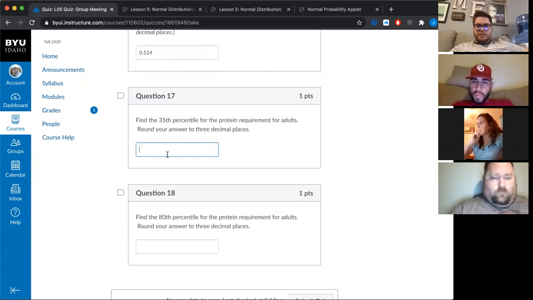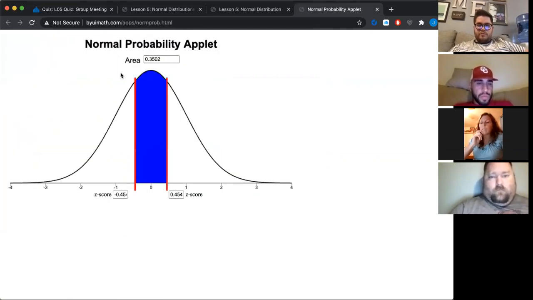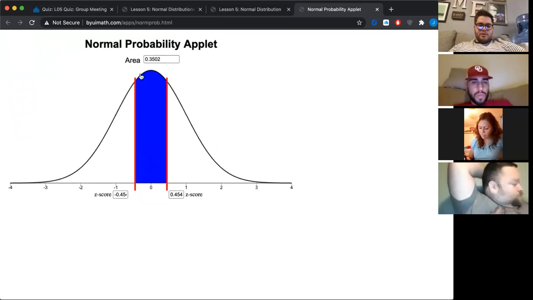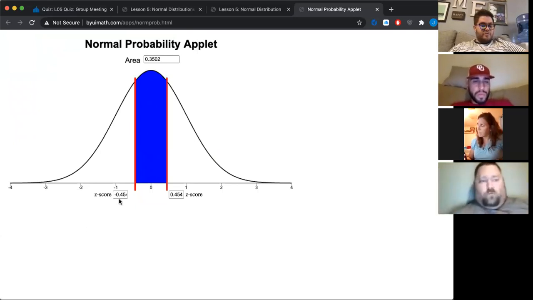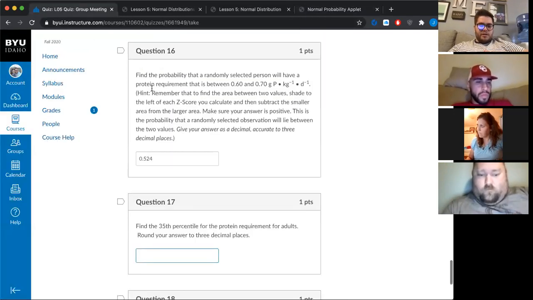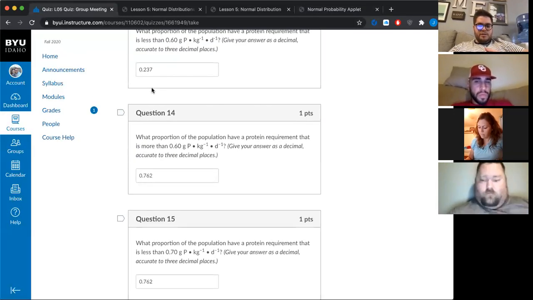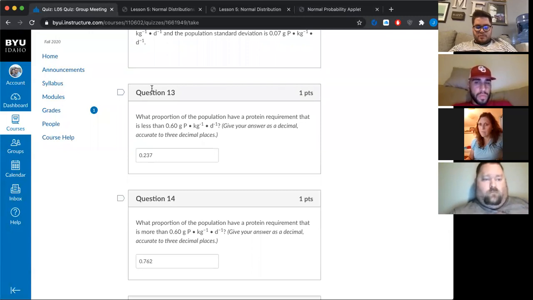What I'm wondering is question 17 asking for Z-score or for the amount of protein, X? For the protein. Yeah, we have to solve for X. Right. Okay. So our Z-score is negative 0.454, and we multiply that by the standard deviation of 0.07.